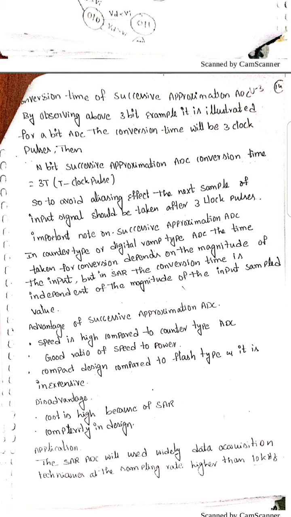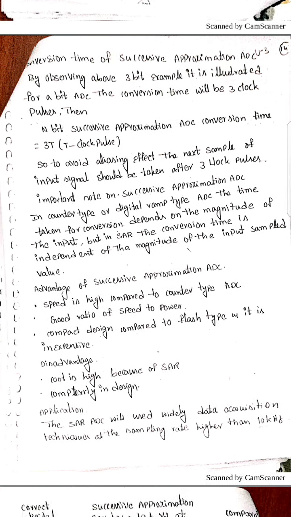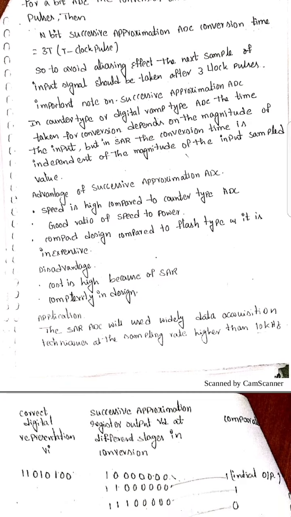In the counter type or digital type ADC, the time taken for conversion depends on the magnitude of the input, but in SAR the conversion time is independent of the magnitude of the input sampled value. Advantages: speed is high compared to the counter type ADC, good ratio of speed to power, compact design compared to flash type, and it is inexpensive.